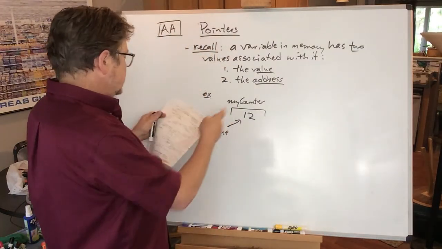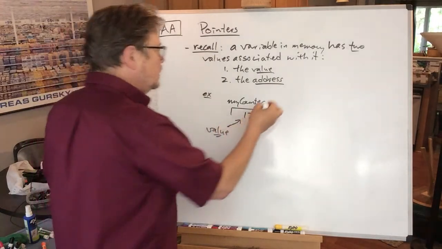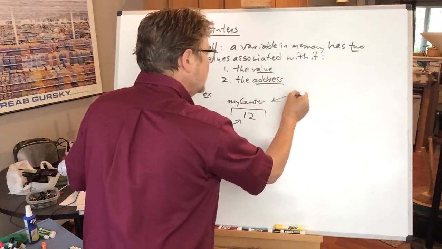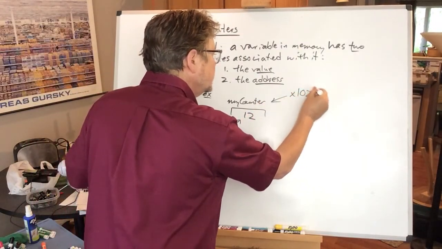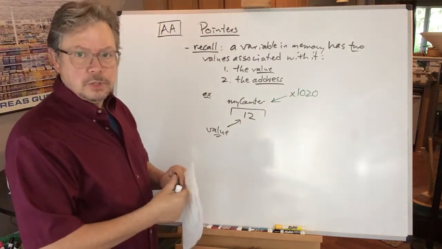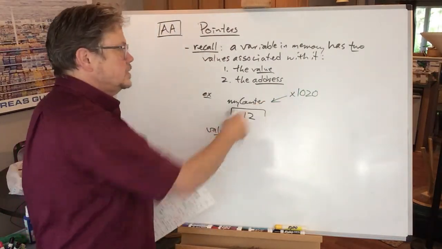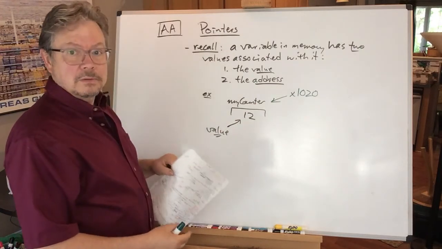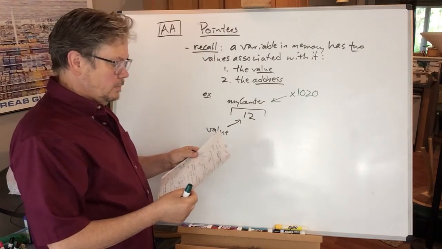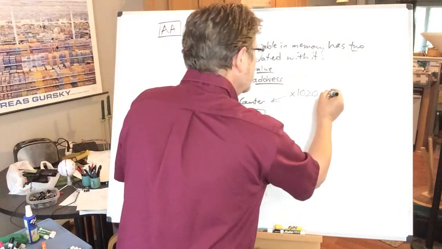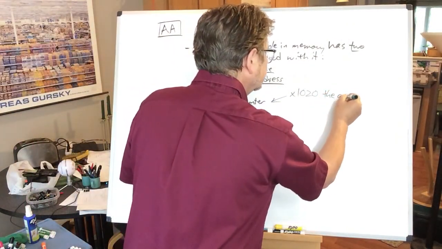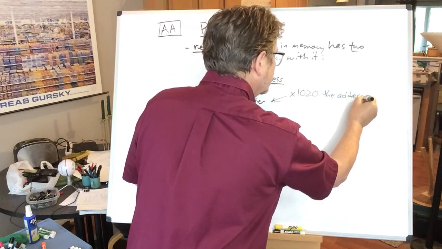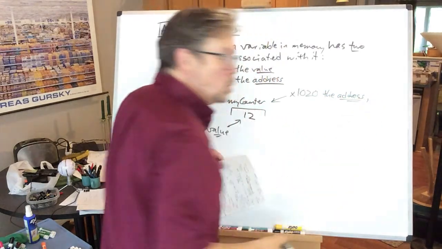The other piece here is the address of where this variable lives in memory, which I'm going to make up: a value, hexadecimal 1020. That is just as arbitrary as the 12 I put as the value. I just made that up. I said, let's pretend that this variable called myCounter lives at address hexadecimal 1020 in memory. This is the address. But wait, there's more.